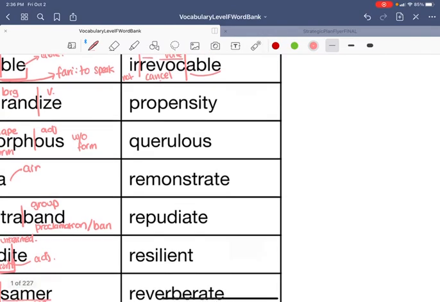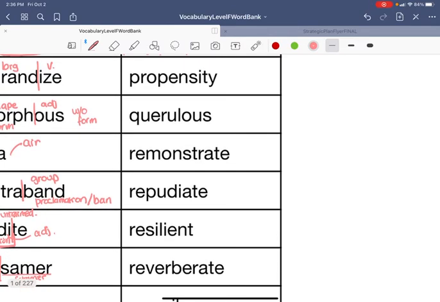Okay, we're going to move on to the next word, propensity. Pro means positive, when we say pros and cons, right? There are two ways I could explain this also. Ity, I would say, is a noun suffix. But there are two ways. One way is the Latin way, and the other way is Spanish.